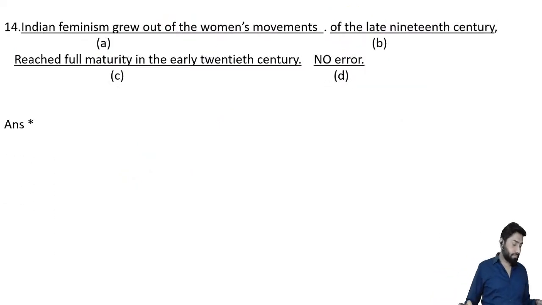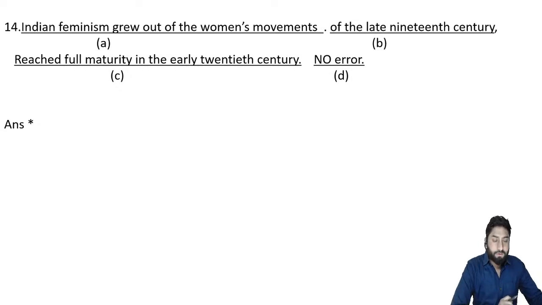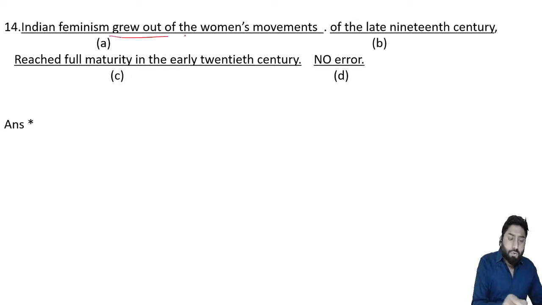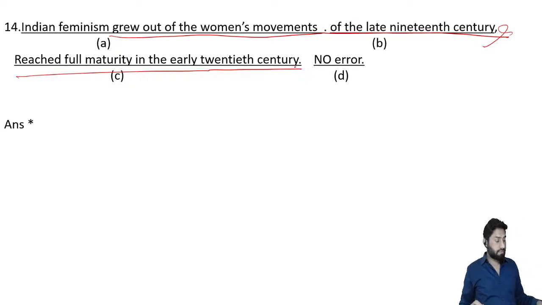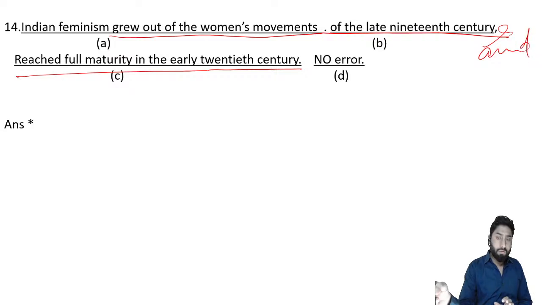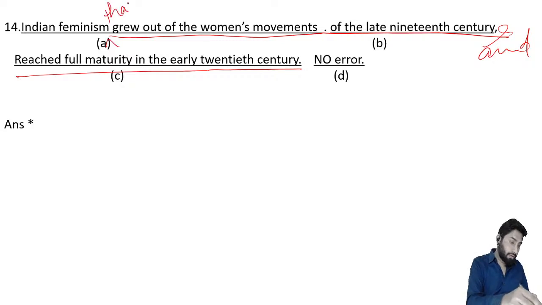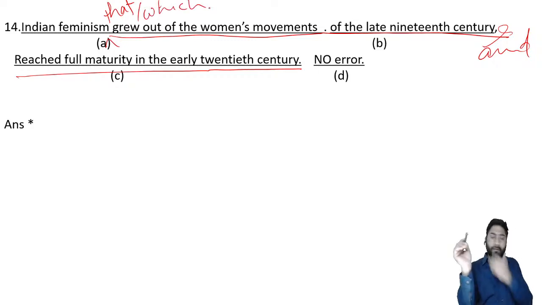Next one is Indian feminism. Indian feminism grew out of the women's movements of the late 19th century, comma, reached full maturity in the early 20th century. Either it should have been "and" here, or if you don't want to add "and", there must have been a "that" or "which" somewhere.